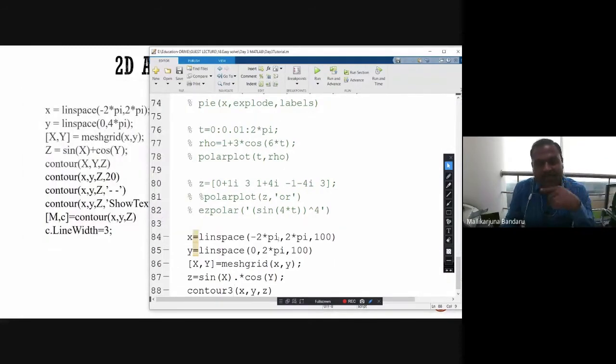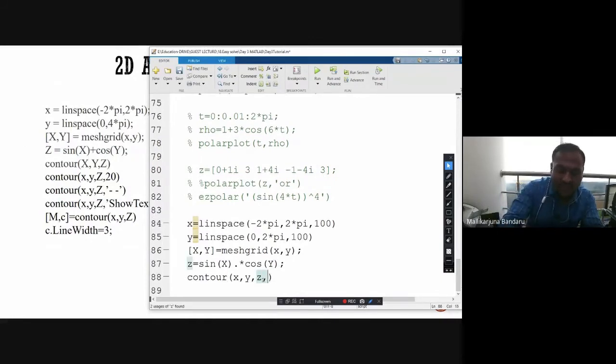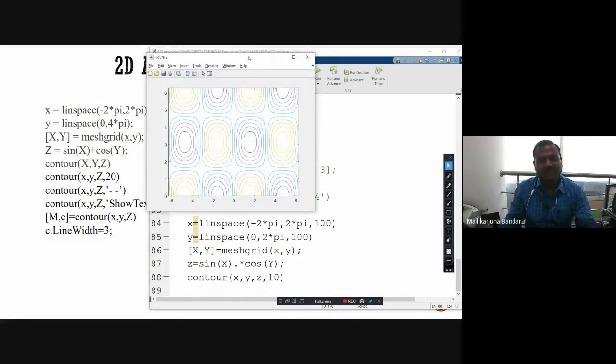So in 2 dimensions, suppose the xy. But I would like to increase the number of contour lines. Suppose I would like to make it 10. See what it gives in between the curve. The 10 means it's more, right? So that's why it is taking time. See here like this.